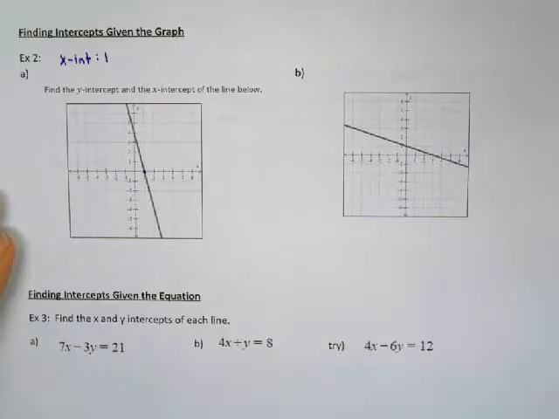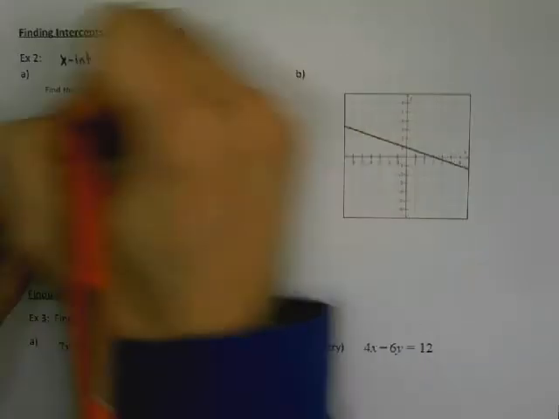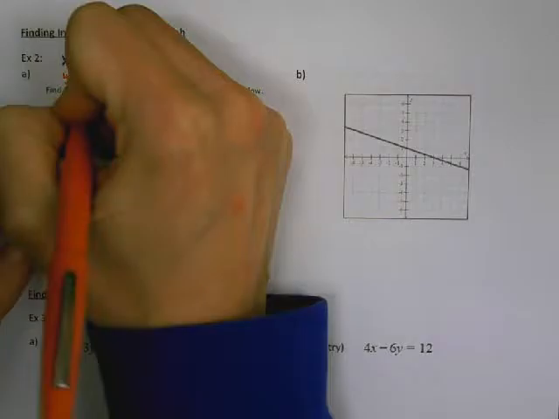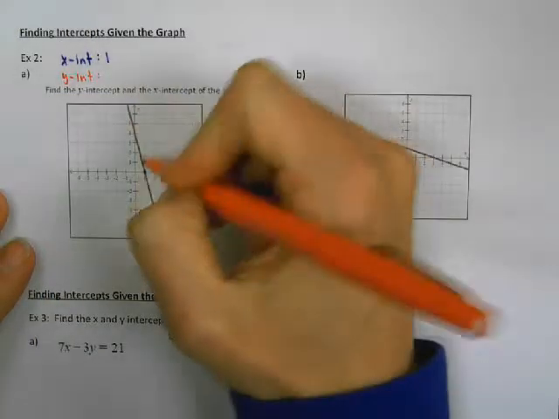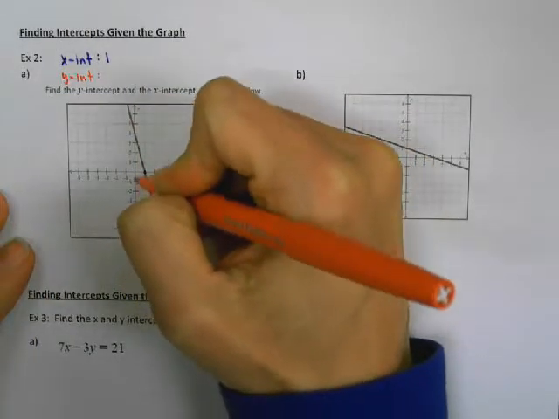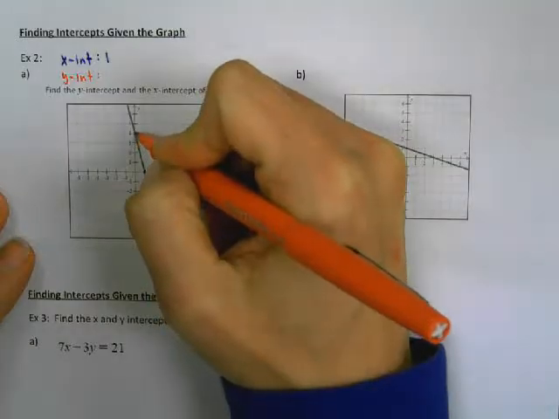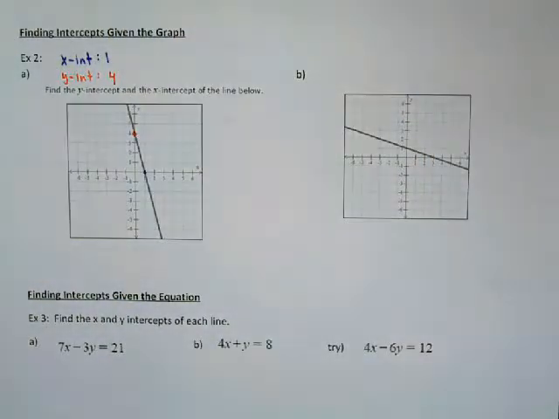So that's my x-intercept. For my y-intercept, again, I'm looking where I cross the y-axis here, and it looks like that happens right here at 4. So my y-intercept is 4. Again, we're only giving the x or y coordinate, so that's why I'm not writing an ordered pair.